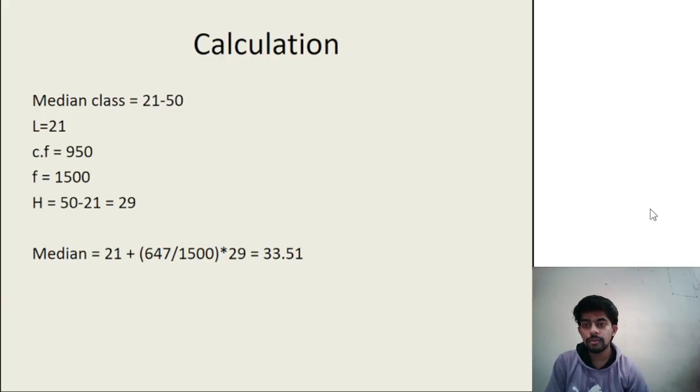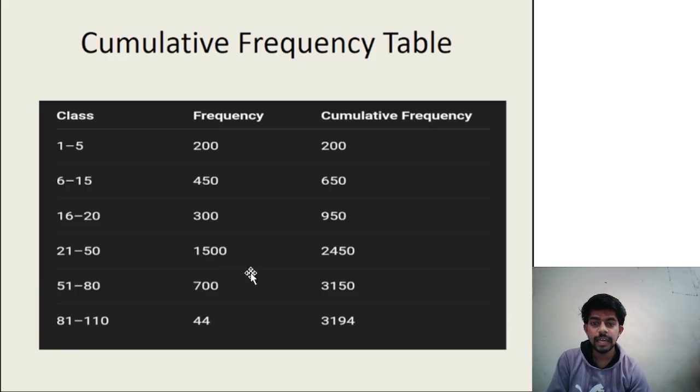Now the calculation, we have the median class. As I mentioned, 1597 belongs to this class. As you can clearly see here, the frequency is 1500 and cumulative frequency is 2450, and in between that 1597 lies.